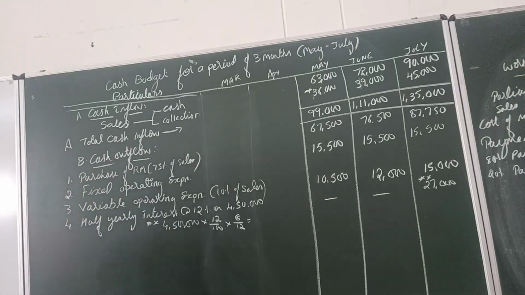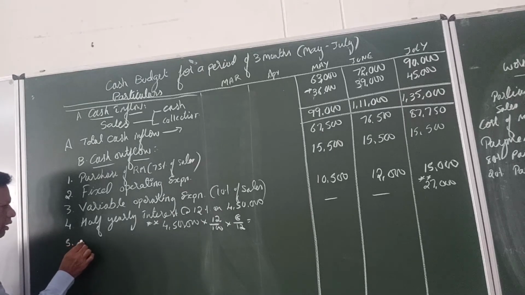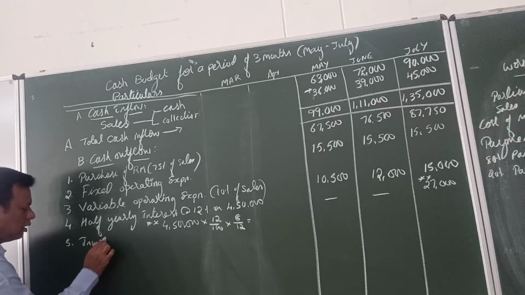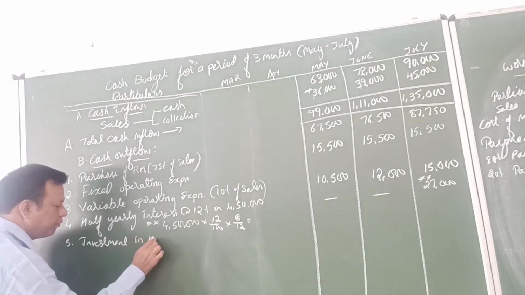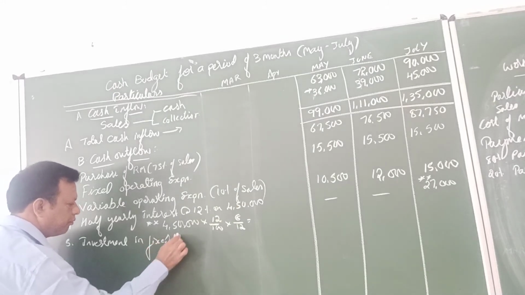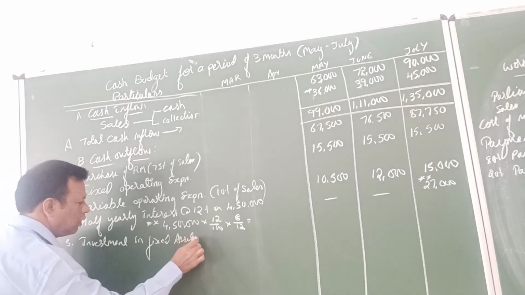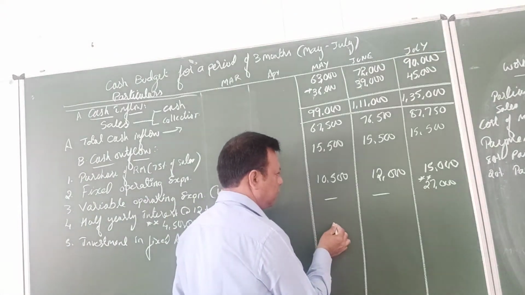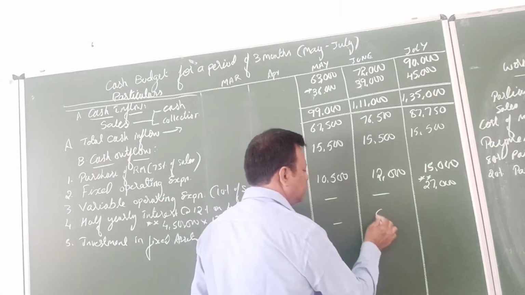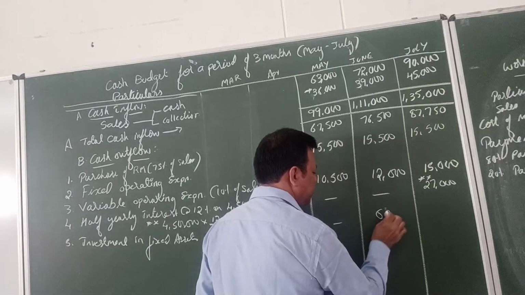Okay, next. Investment in fixed asset. How much? 60,000. When? In which month? June, sir. Just 60,000?